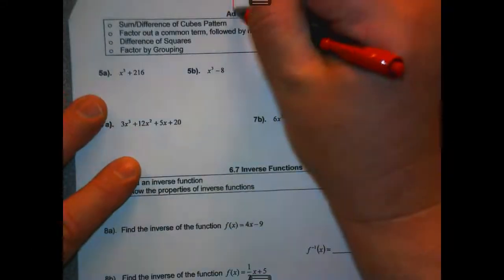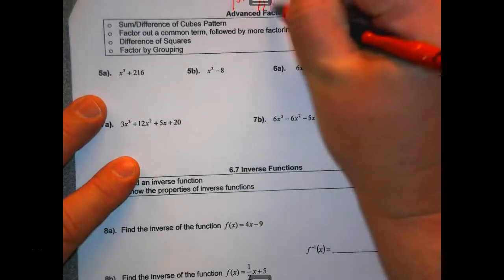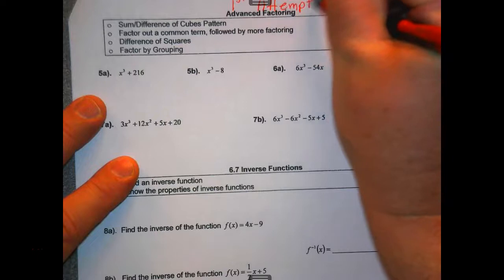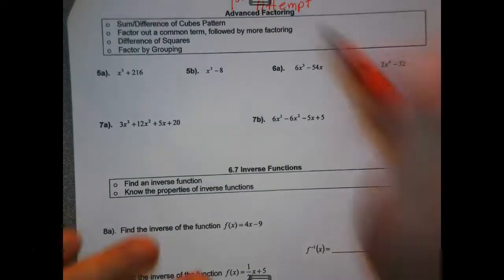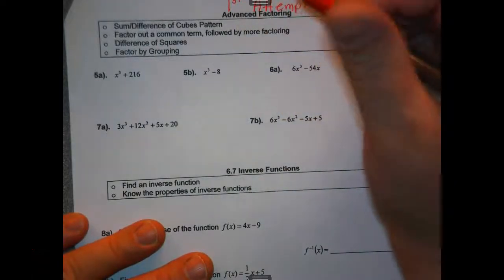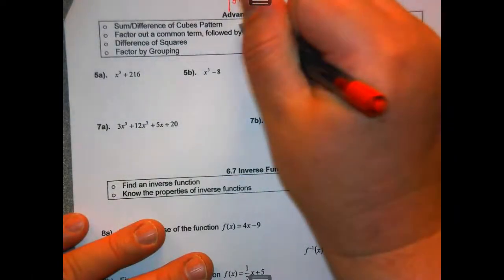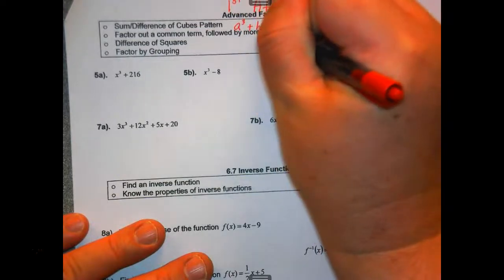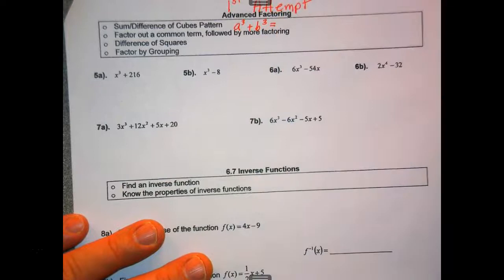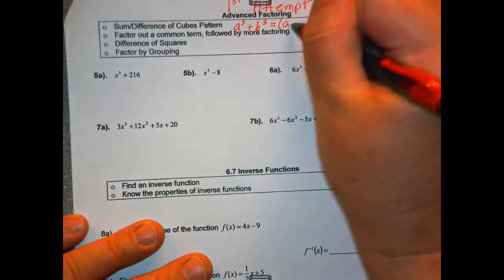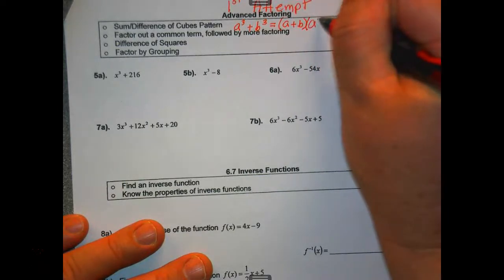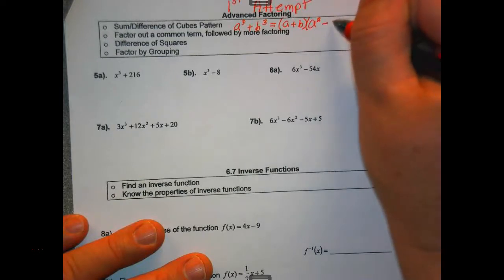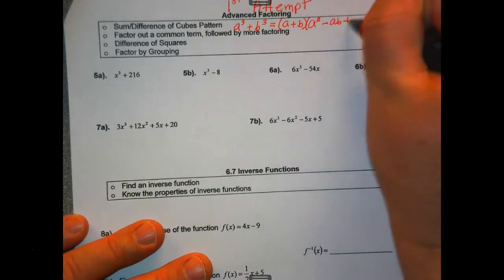This is first attempt. Let's say we have sum and difference of cubes. The sum of cubes: A cubed plus B cubed equals A plus B times A squared minus AB plus B squared.